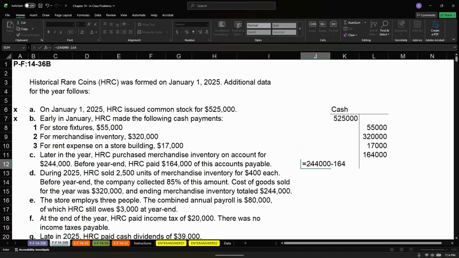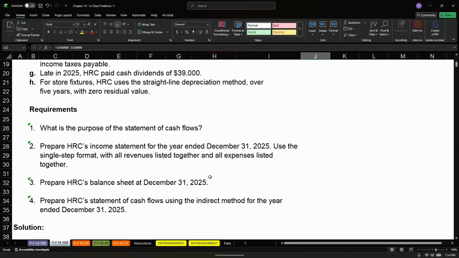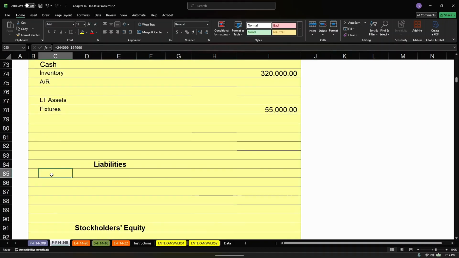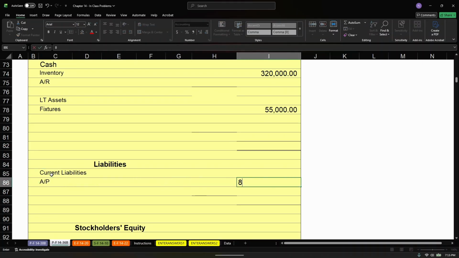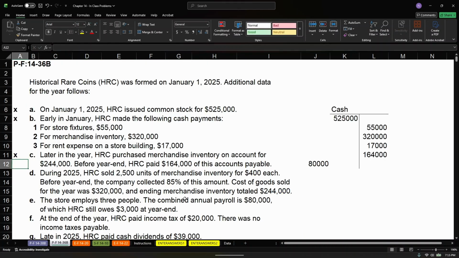I paid off 164,000. So I have 80,000 in ending balance of accounts payable. Okay, so I'm going to go to my balance sheet. I'm going to go current liabilities, accounts payable, 80,000. We have both the cash and we have the accounts payable all squared away.